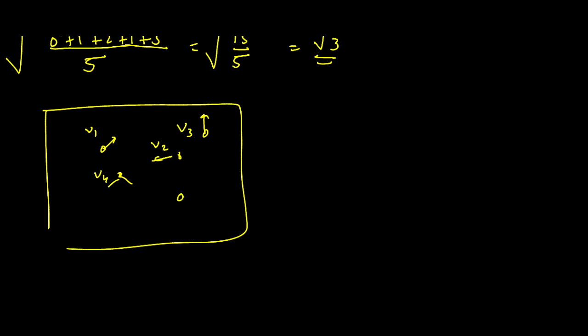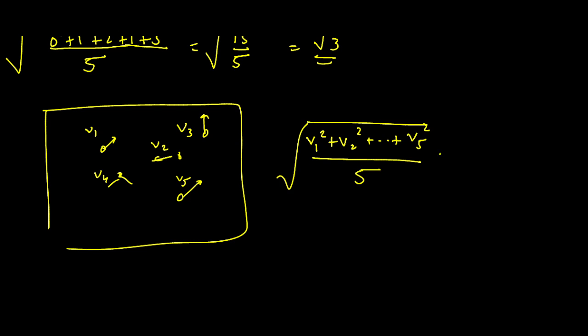Like this, there are different speeds. Suppose there are 5 molecules only, then we first take the square of each individual speed and then find the average. Then we take the square root. So this is nothing but VRMS. Clear?